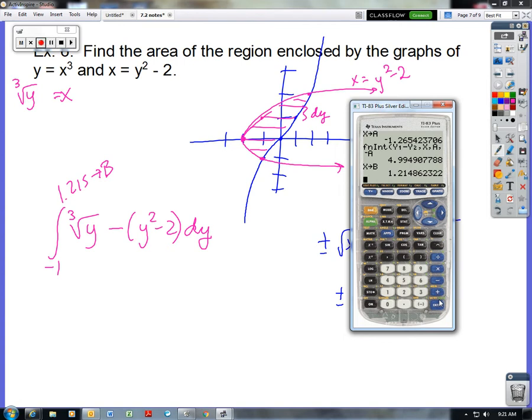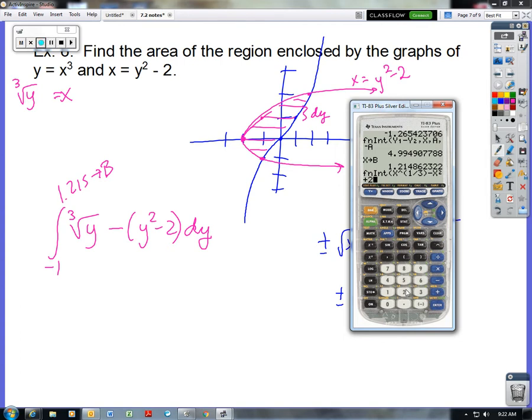We could certainly do this by hand, but let's do it on a calculator just to make it faster. Math 9. Even though these are in terms of y's, on your calculator it's going to be in terms of x. So we've got y to the 1/3, minus y squared, and then I'll distribute and get plus 2 there.